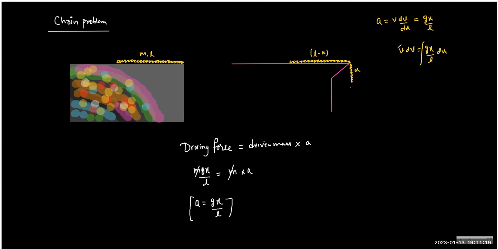The next step is to integrate both sides. When x was 0, what was v? It was also 0. So the answer is v square by 2 equals G by L times x square by 2. So v turns out to be how much?